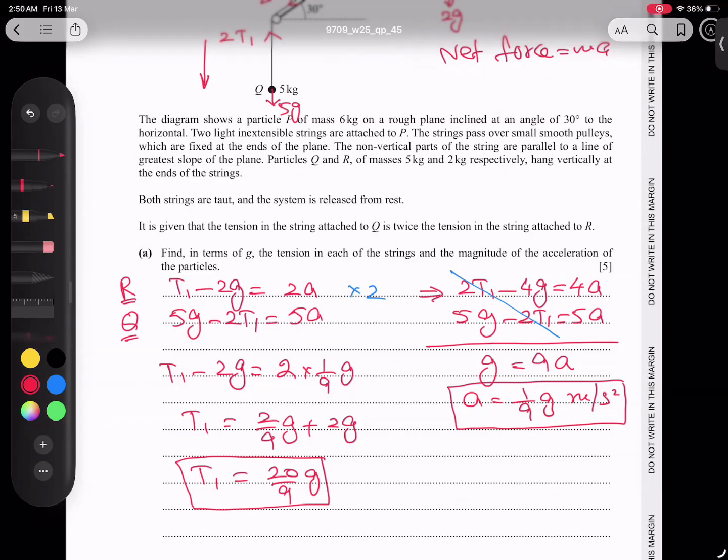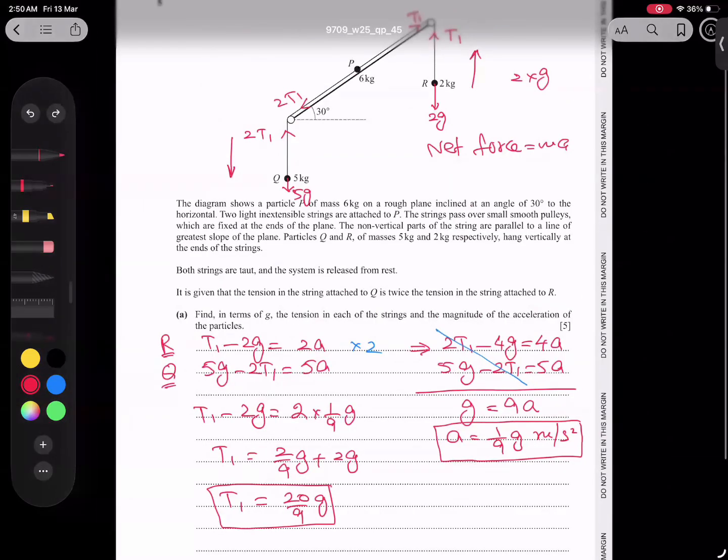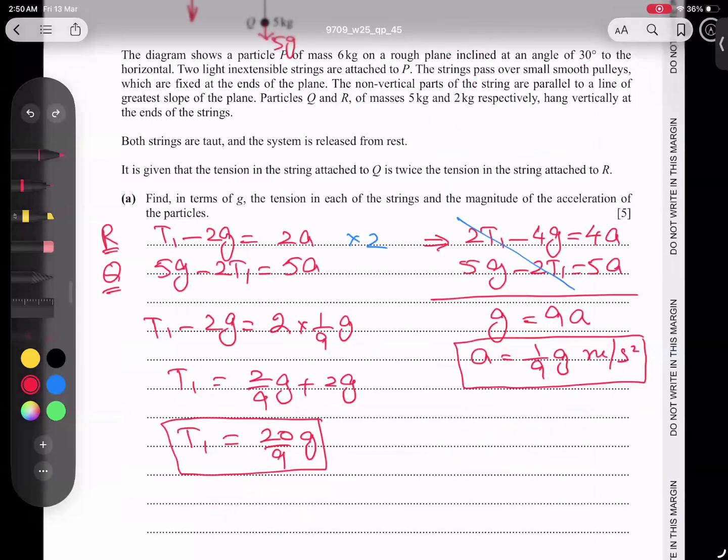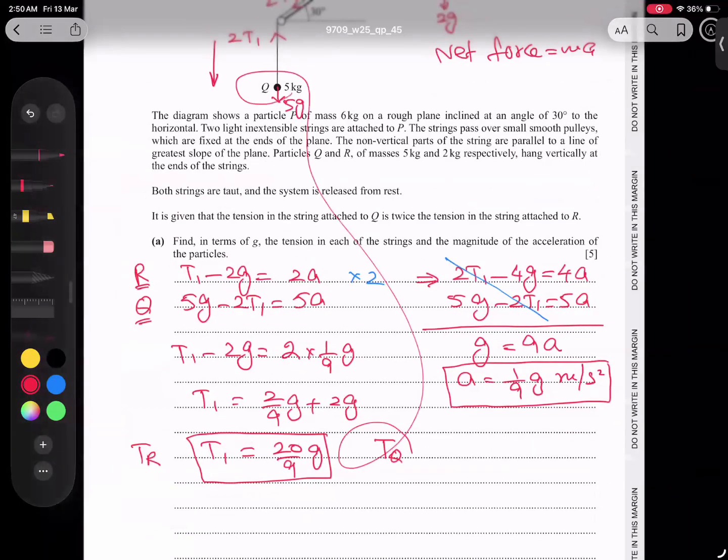He is asking for the tension in each string. So I got the tension T1, but I need to find the second tension. Now the second tension is 2T1, which I will call the tension in R. Now the tension in the Q string, due to the particle Q, is naturally this multiplied by 2.